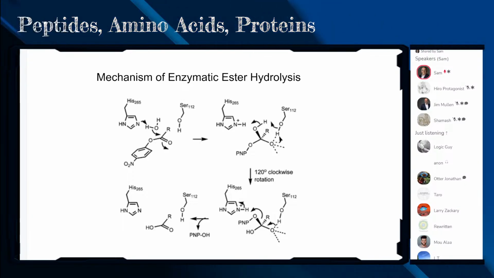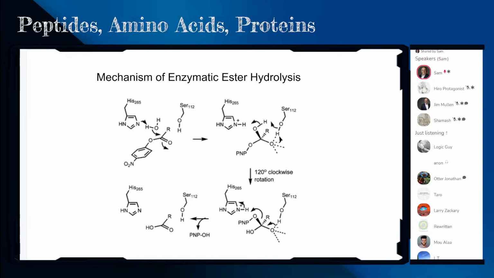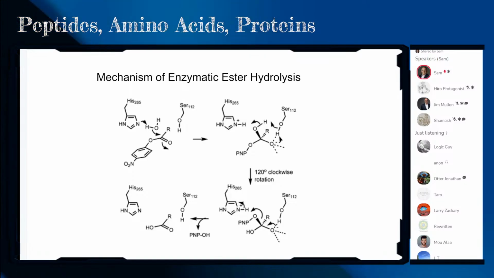But in a neighboring group inside of the active site, the concentration of those components is somewhere around 10 to the 8 molar. That means you have 14 orders of magnitude greater effective concentration of the reactants inside an enzyme's active site.